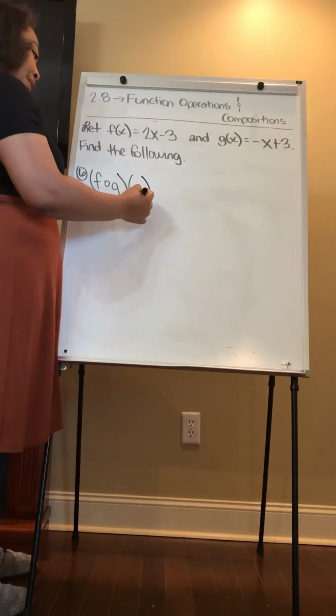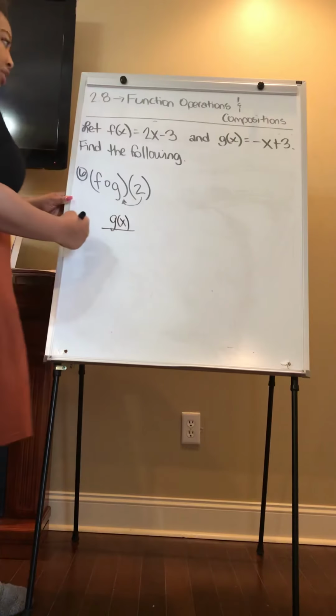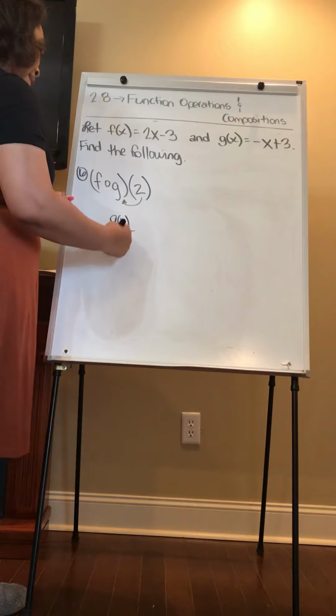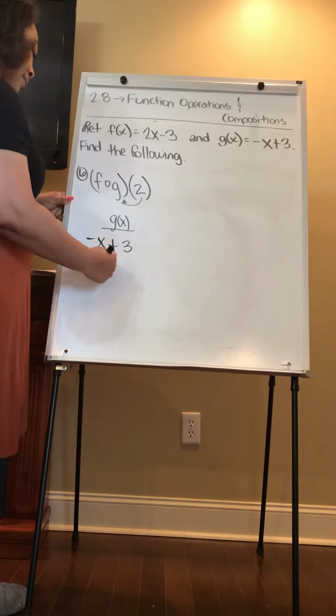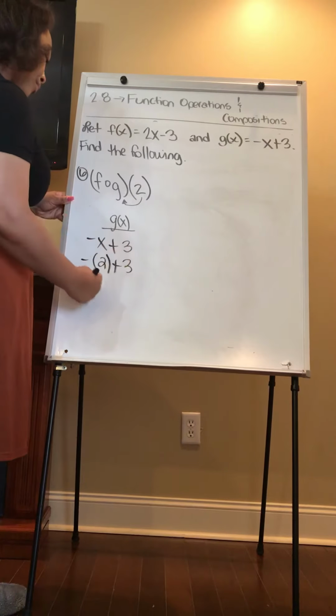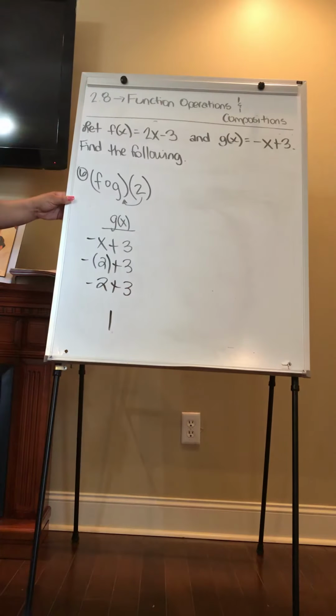So you're going to plug 2 into the g function. So g function is negative x plus 3. So I have negative 2 plus 3, which is a positive 1.